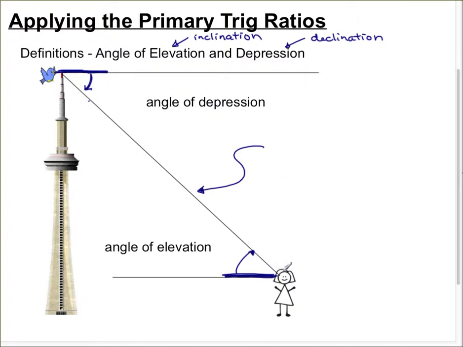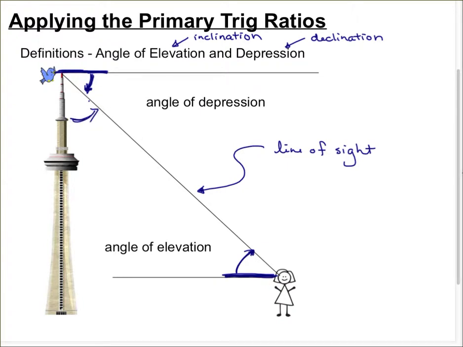This line here, where the bird is looking at the girl, is called the line of sight. The line of sight. And angles of depression and angles of elevation are always between a horizontal line and the line of sight. Now, you know what horizontal means. It follows the horizon. So they're always either going down or going up. They are never going out.